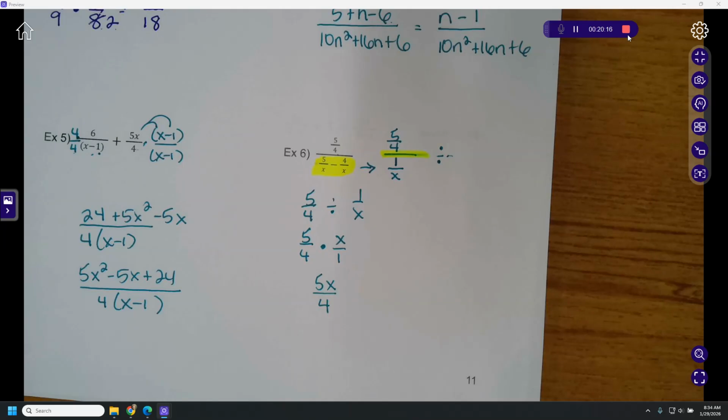You could do 84x minus 56 minus 24. Quite frankly, if you get that far, you're doing good. The only other thing I do notice is that these terms all have a 2 in common, so you could also pull a 2 out.